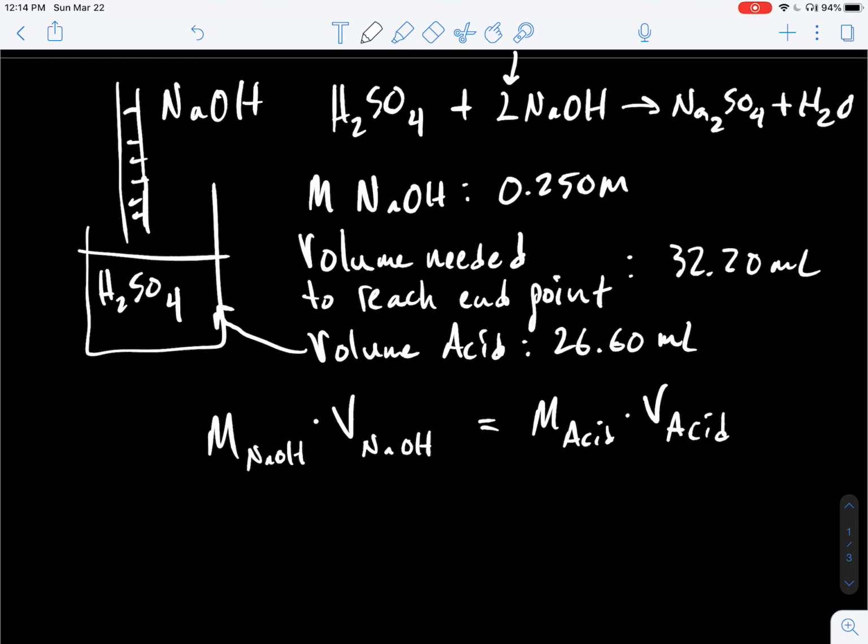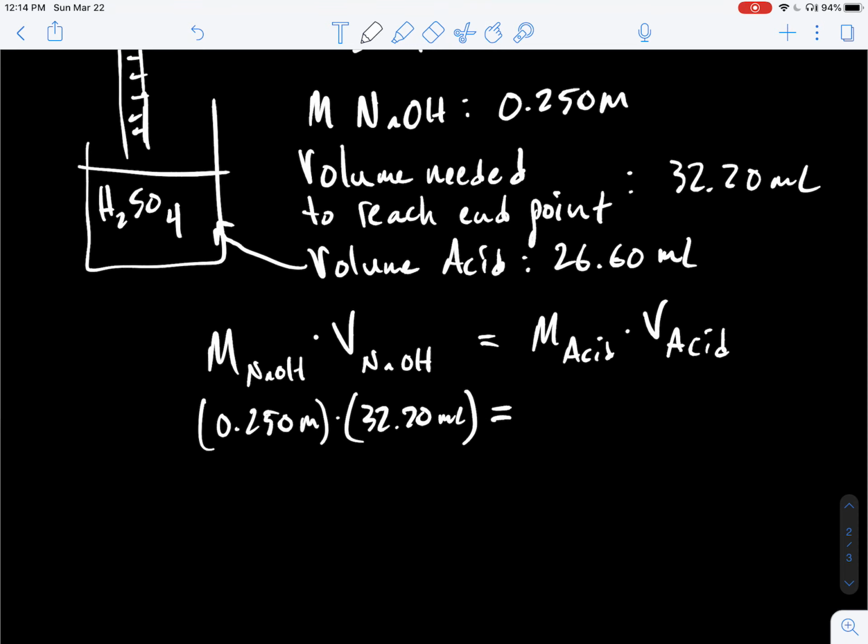So the only thing we really have to do is think, okay, molarity times volume, that's the same, because it took this molarity times this much volume, but it's no longer equivalent to just 1 mole of the acid.